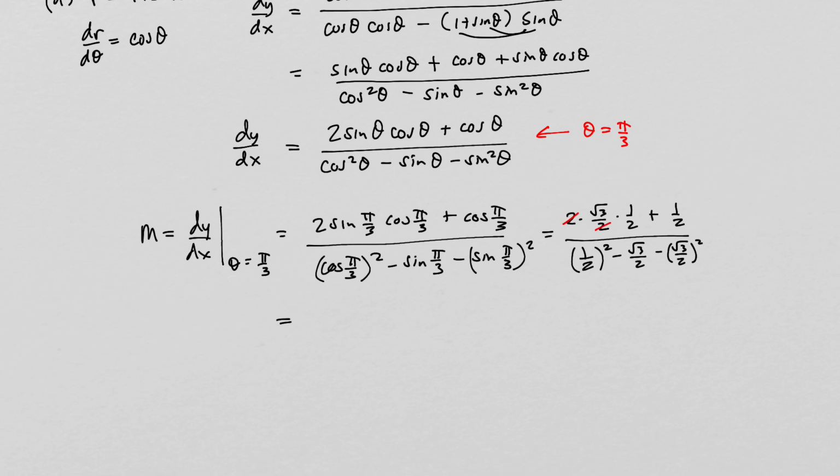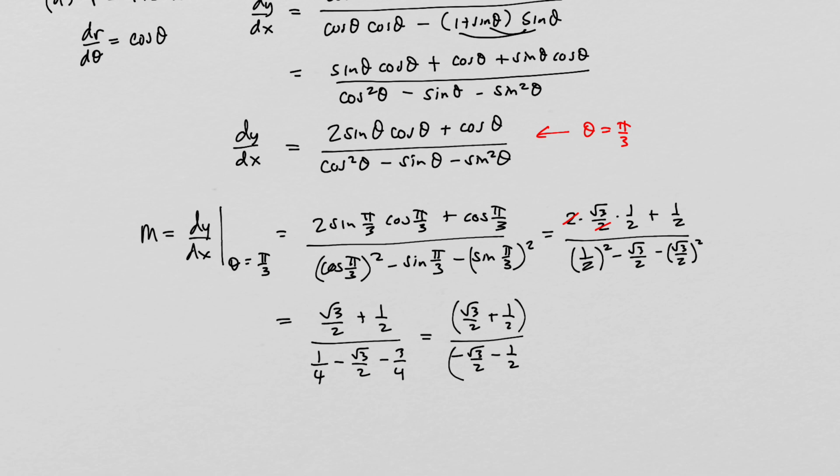In the numerator, we have radical 3 over 2 plus 1/2. In the denominator, 1/2 squared is 1/4, minus radical 3 over 2, minus, and then radical 3 over 2 quantity squared is 3/4. And so we end up with radical 3 over 2 plus 1/2 divided by negative radical 3 over 2 minus 1/2.